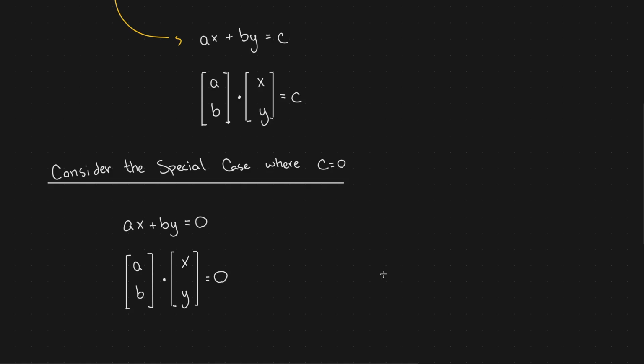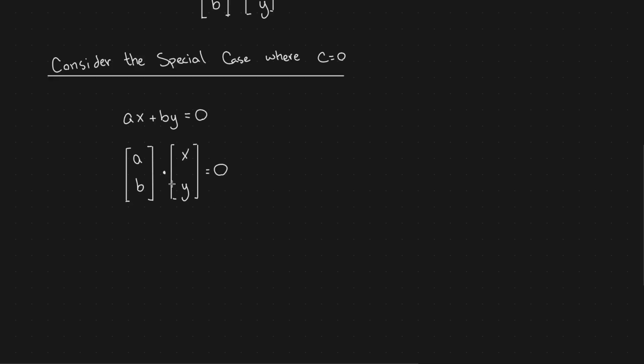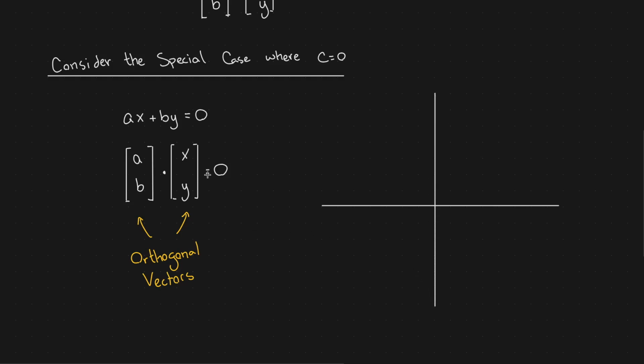And hopefully, when I write this, alarm bells are starting to ring in your mind because you were like, wait a second, a dot product that equals 0, that means these two vectors must be orthogonal. So what does that mean? Well, notice first that the origin is a point that's on the line.